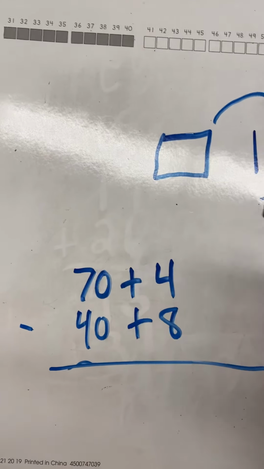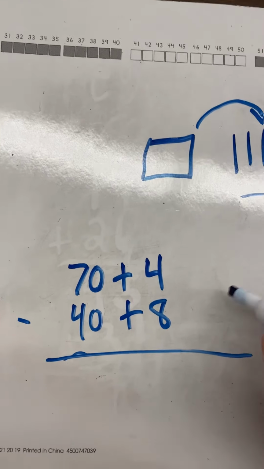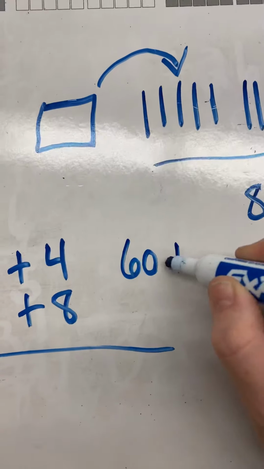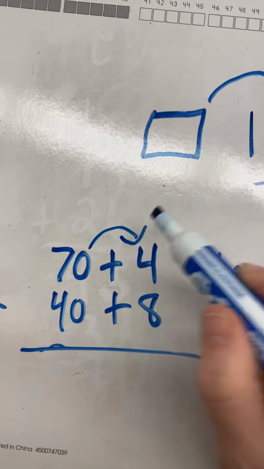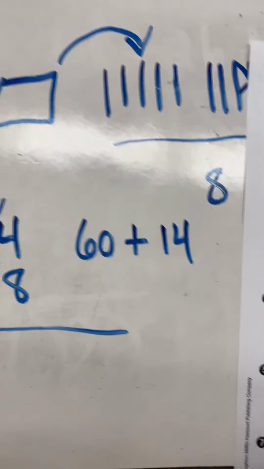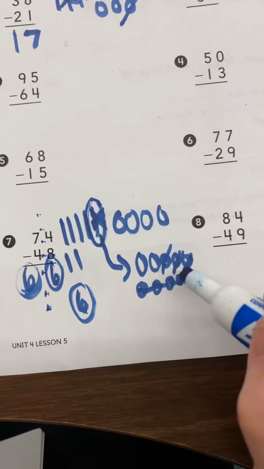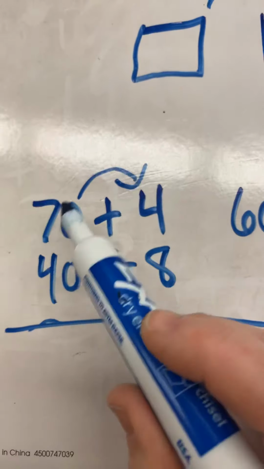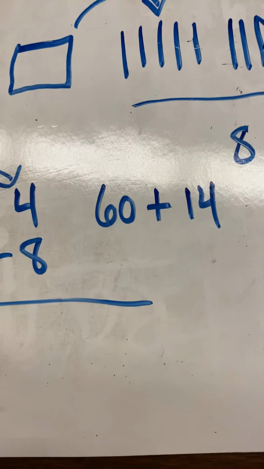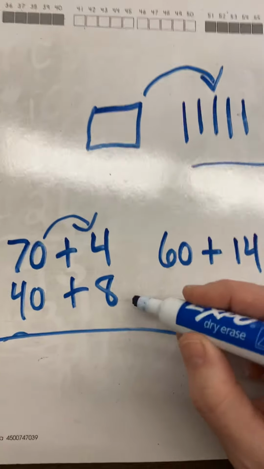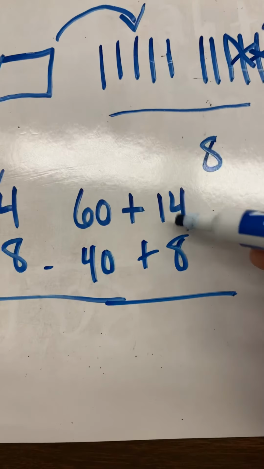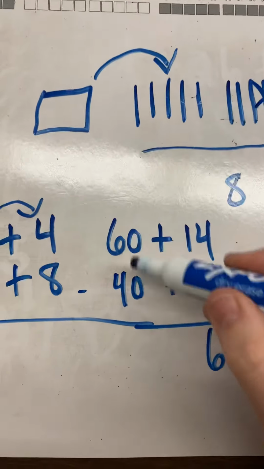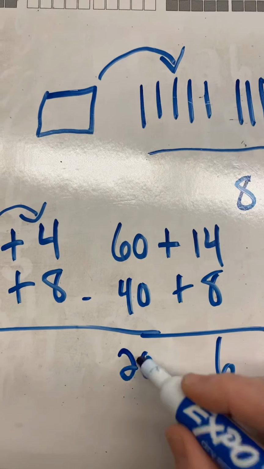So what if I took this 70, turned it into a 60 plus 14. So I'm just giving a 10 right over to my ones place. Just like when we drew it out, we gave the 10 over to the ones place. I'm giving this 10 over to the ones place. So now it's become 60 plus 14 minus 40 plus 8. And now I can do it 14 minus 8 and 60 minus 40.